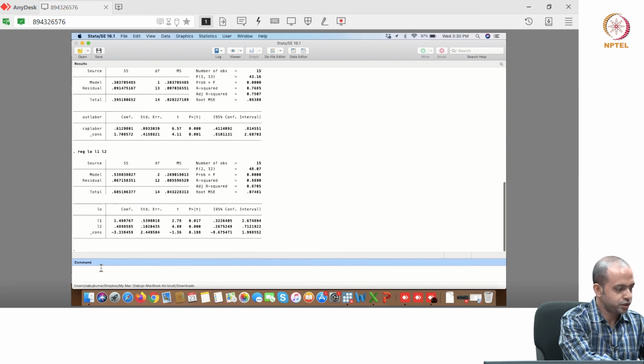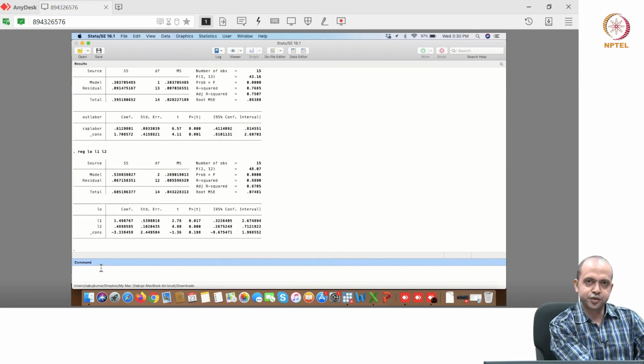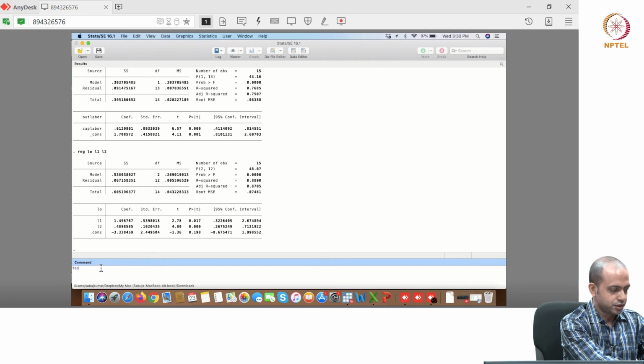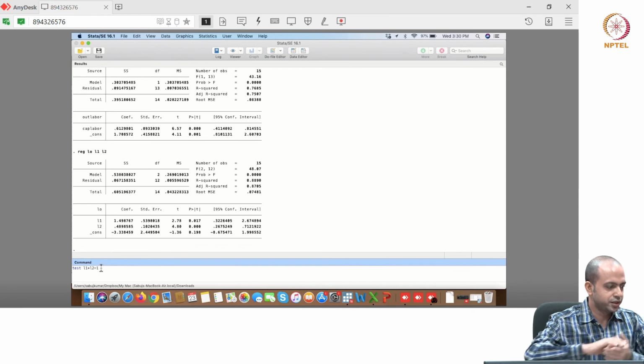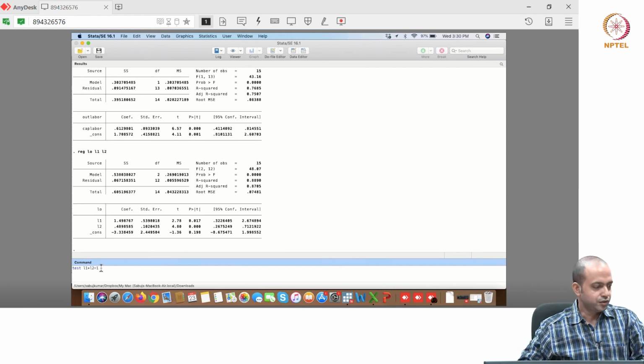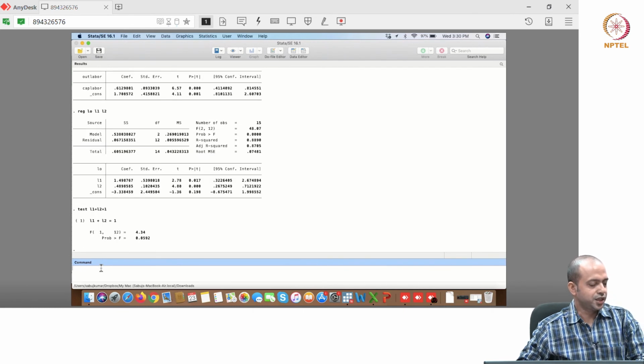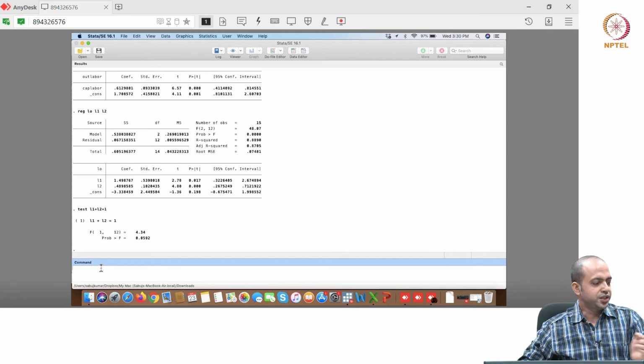This is your model, and immediately after running your complete model, if you specify the command which is test, a test command, what you are testing: L1 plus L2 equals to 1. That is what you are going to test.